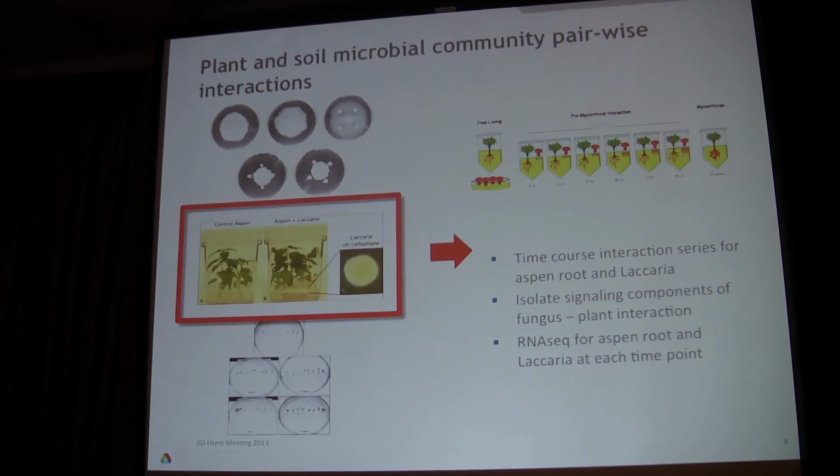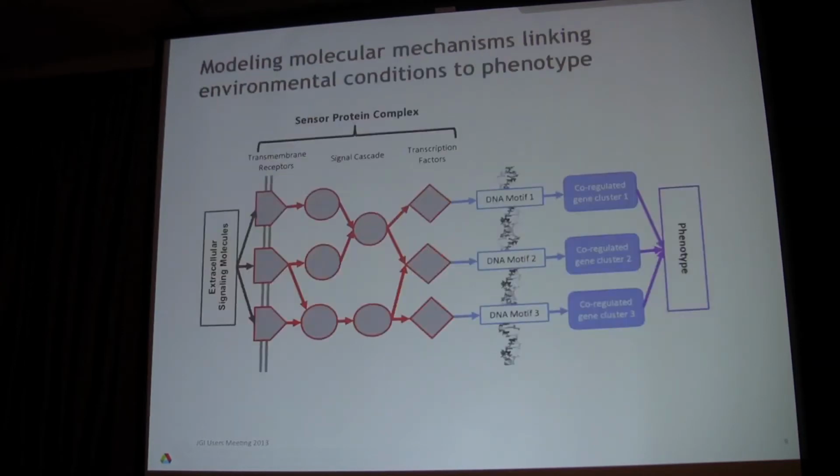Isolating, so any interaction between these two has to be by those small molecular signals that can diffuse through that membrane. We have a time course of this experiment. We have taken short-read RNA-seq data for every point along the way. And we have a theoretical model for how we think these things interact.